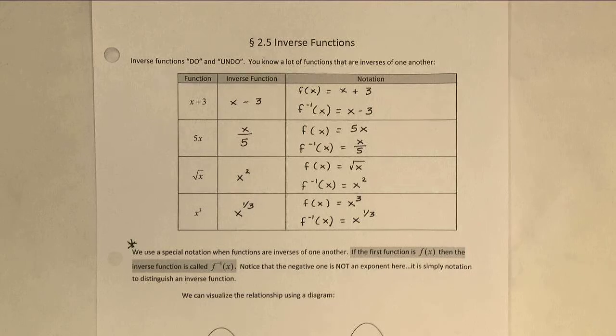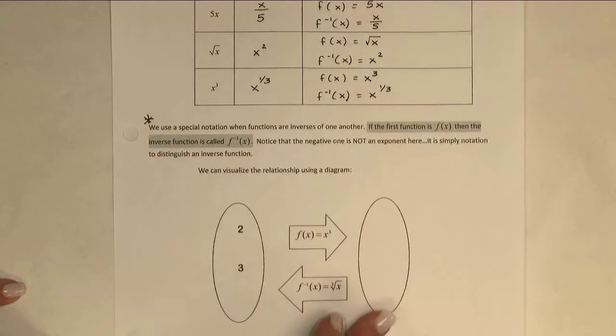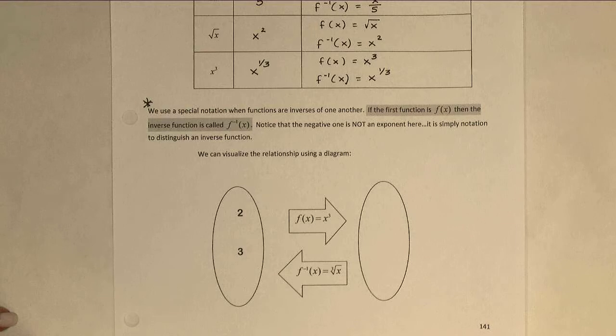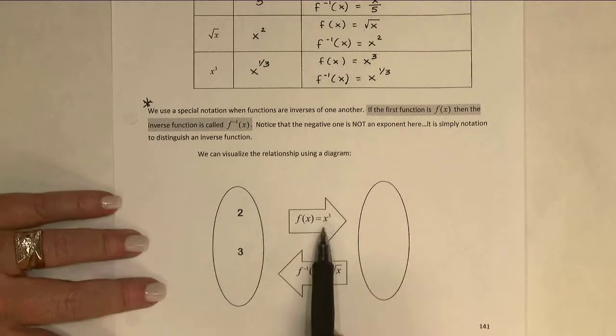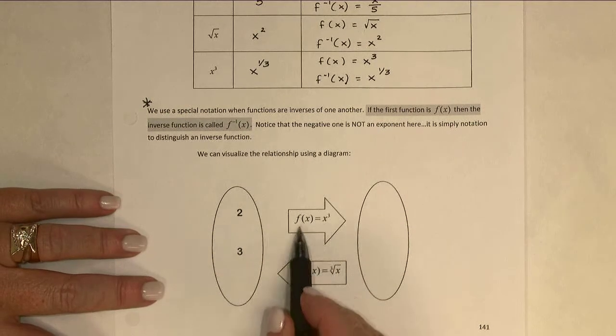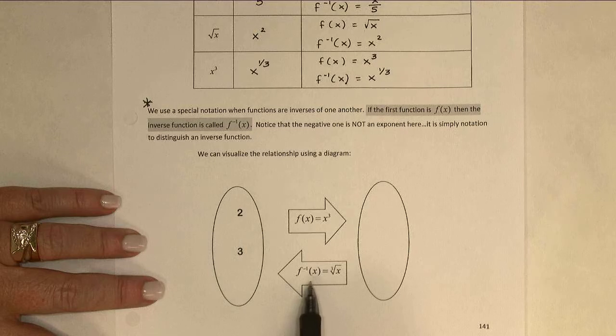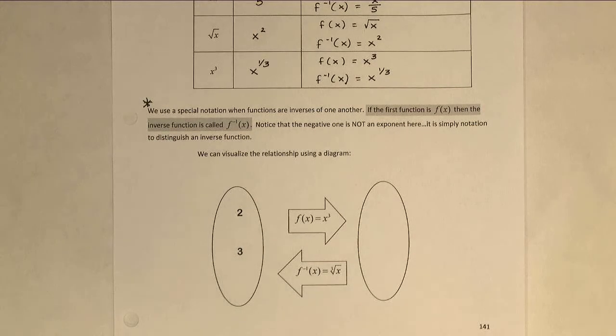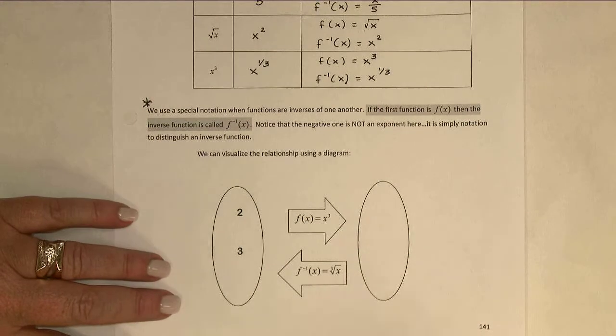Just to further investigate these relationships, let's take a little bit closer look at the cubed root, f of x being the cubing function, and f inverse being the cubed root of x, or x to the 1/3. I guess I chose to write it as the cubed root down here. And let's take a look at how the function does something, and then the inverse function will undo that same thing.